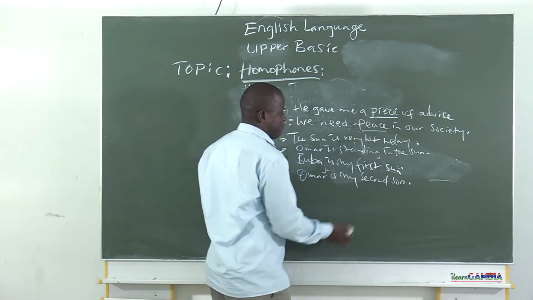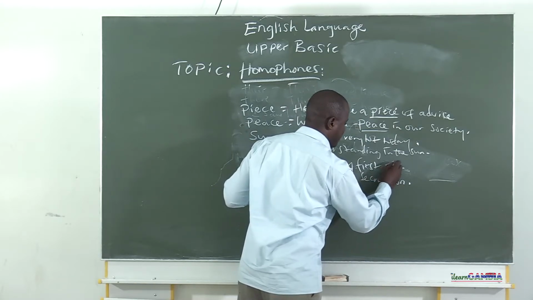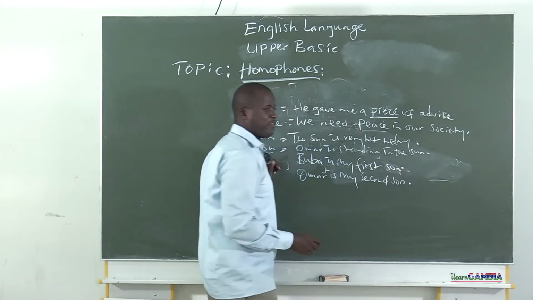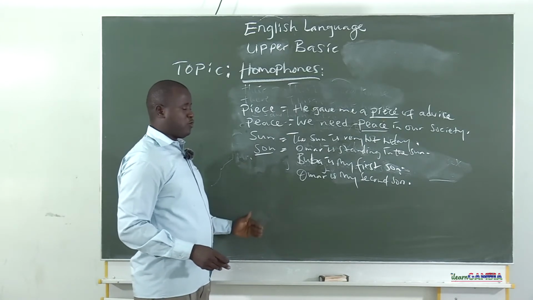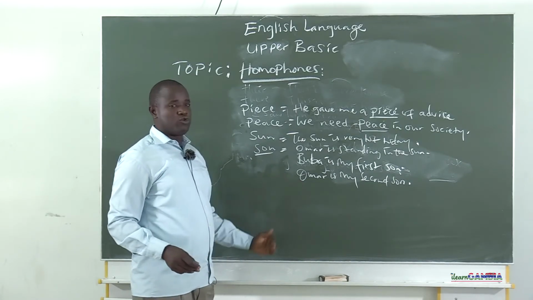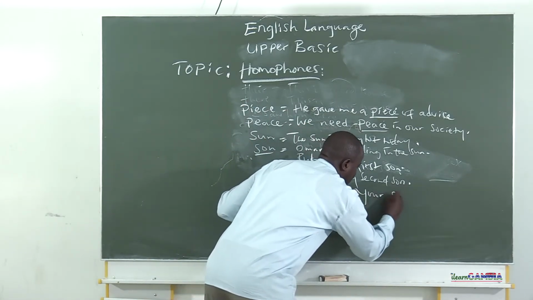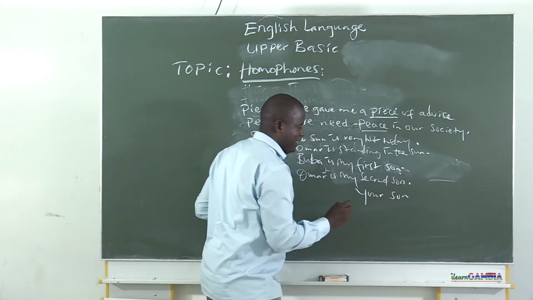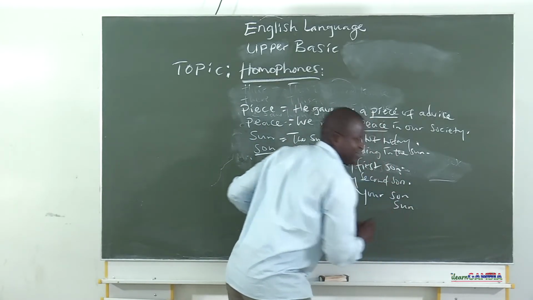So most of the time, students, you make these mistakes when you are writing a letter. For instance, we ask you to write a letter to your father. Most of you, if you are writing your conclusion, instead of writing your son like this, with S-O-N, many a time some of you will write S-U-N.